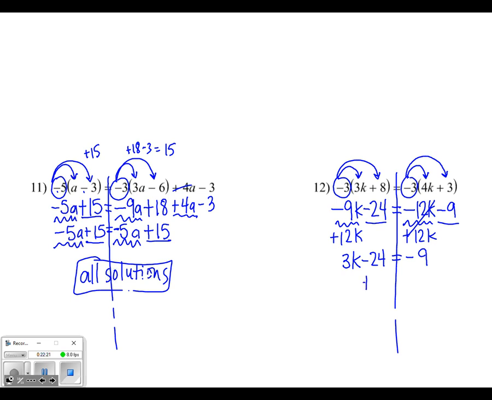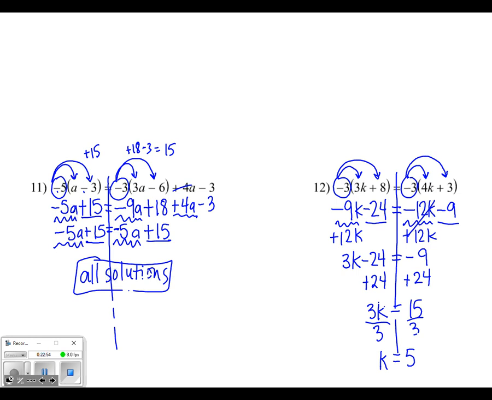Let's see, I think I'll add 24 to both sides to get rid of that constant. That gives me 3k equals, here, -9 plus 24, signs are different. I find the difference. 24, take away 9, I believe is 15. And positives had more, so positive 15, which makes this last step, getting rid of the coefficient, really easy because 15 divided by 3 is 5.